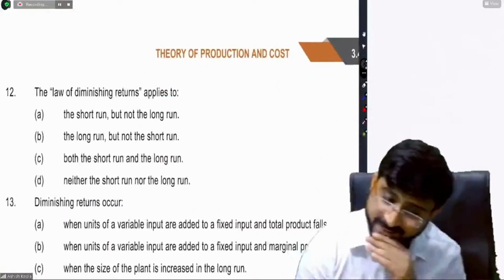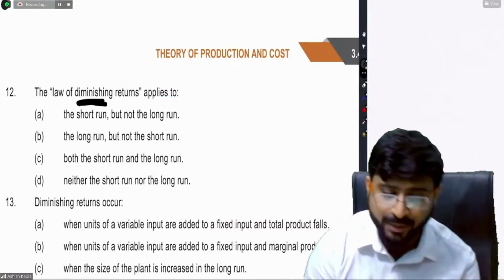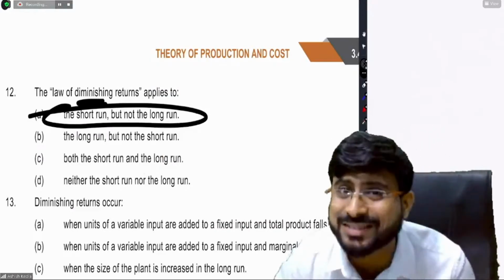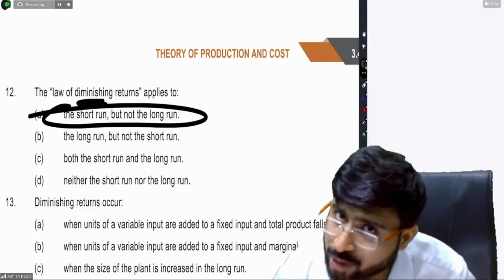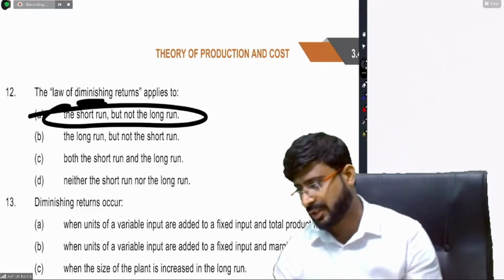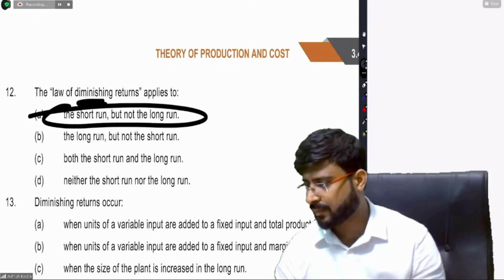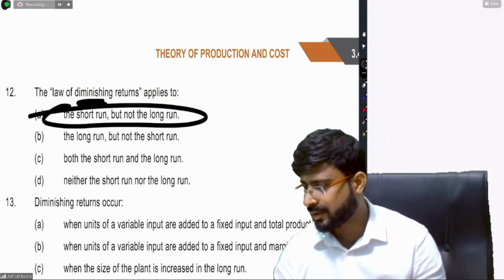The law of diminishing returns. Yes. Look at the word diminishing. So it is applied in the short run. In the long run, you have decreasing. And diminishing and decreasing are not the same, my dear friends. They are not the same. Yes or no, everybody?